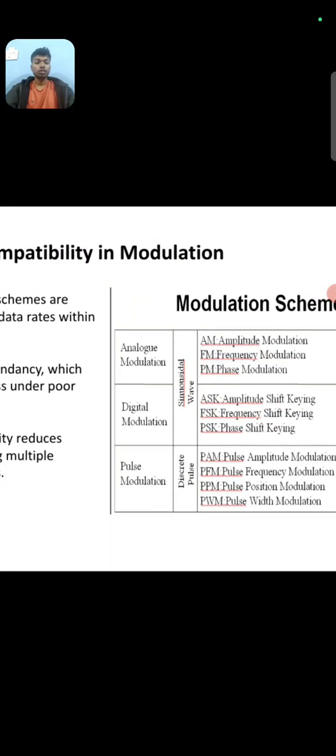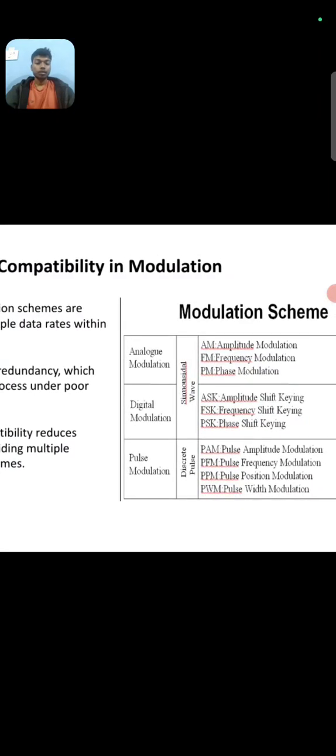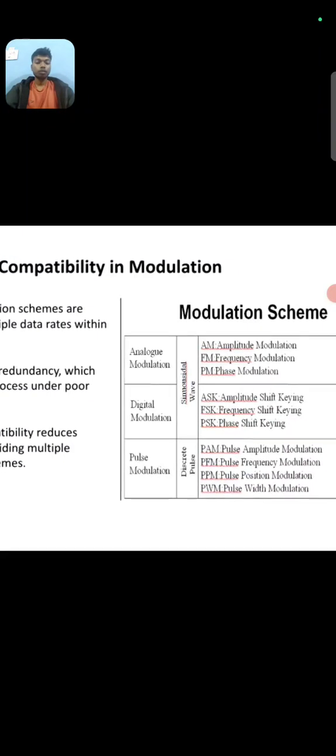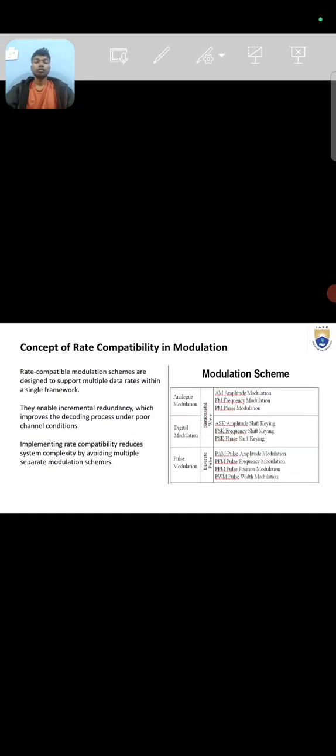Pulse modulation comes under discrete pulses: PAM pulse amplitude modulation, PFM pulse frequency modulation, PPM pulse position modulation, PWM pulse width modulation. These are the modulation schemes in rate compatible modulation.